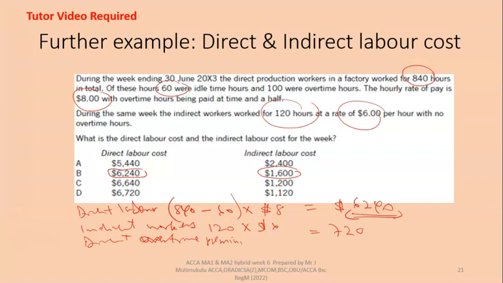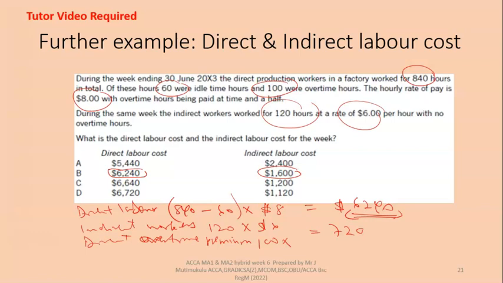Then direct workers overtime premium. The premium element is usually an indirect labor cost. For the overtime premium, we are told 100 were overtime hours. So 100 multiplied by the premium.